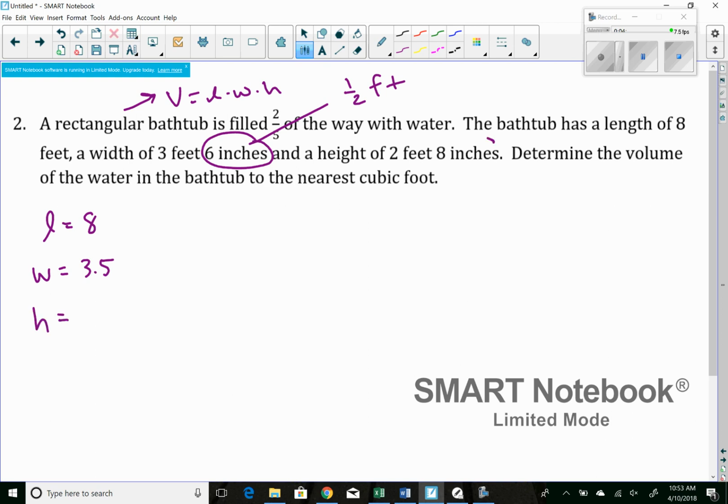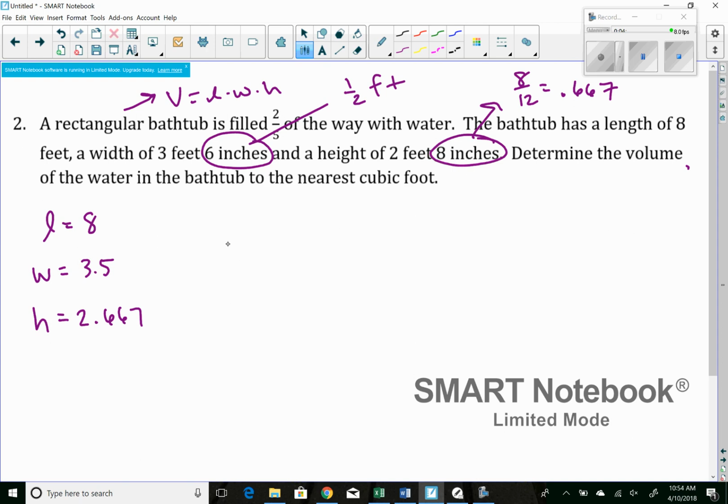The height is 2 feet 8 inches. 8 inches is 8 out of 12, which if I divide those two numbers, I get 0.6 repeating. So that's going to be 2.667 of a foot. Again, it's not 2.8 feet. This is something that's come up a few times in different areas in this course.